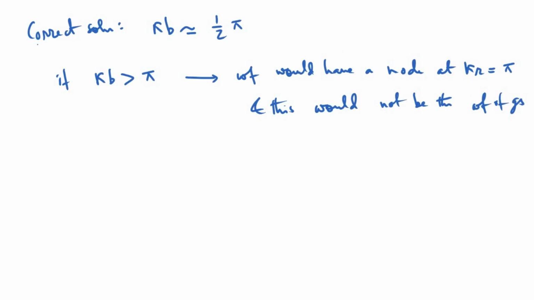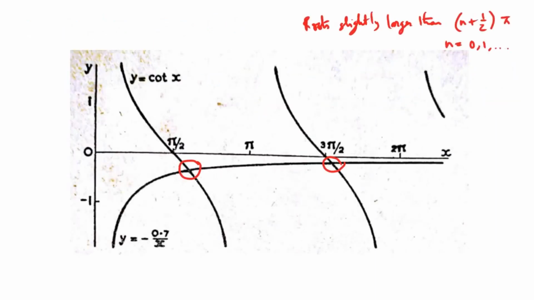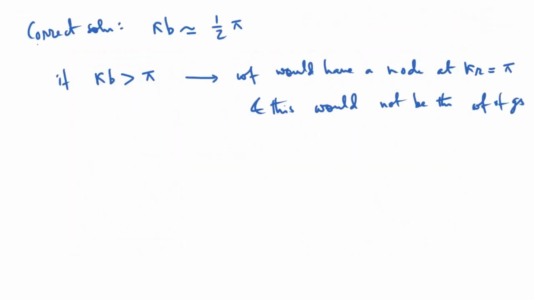So this means that here we can rule this one out, right? So this is my solution. Fine. Okay.